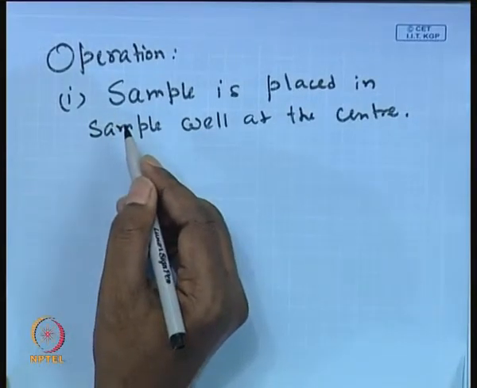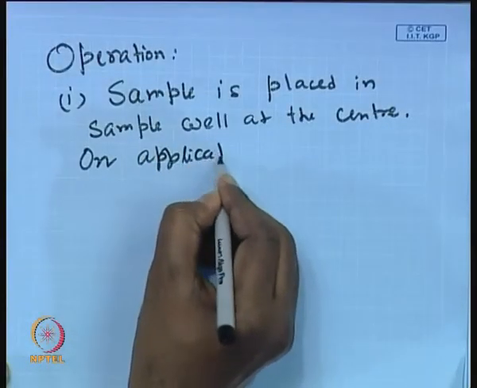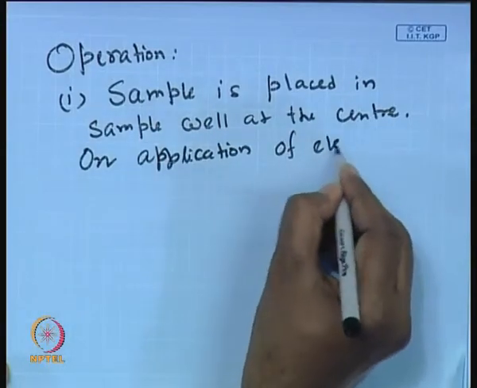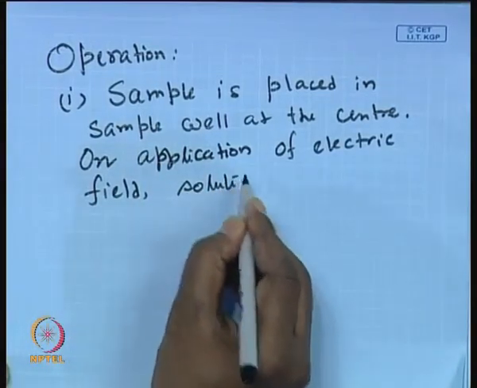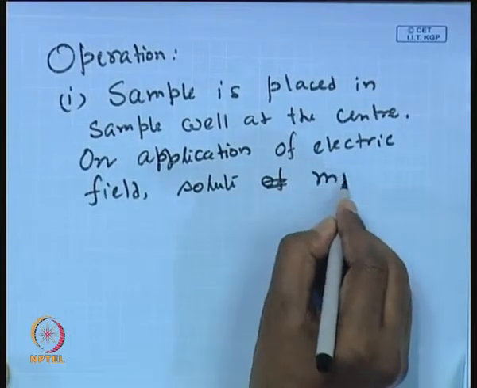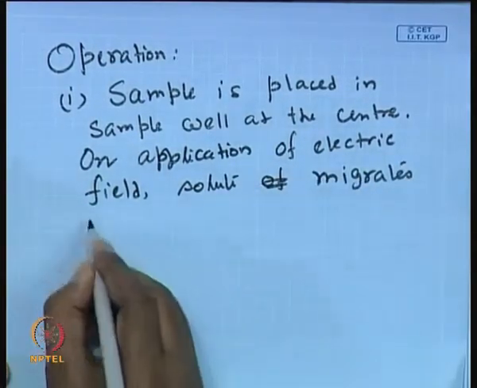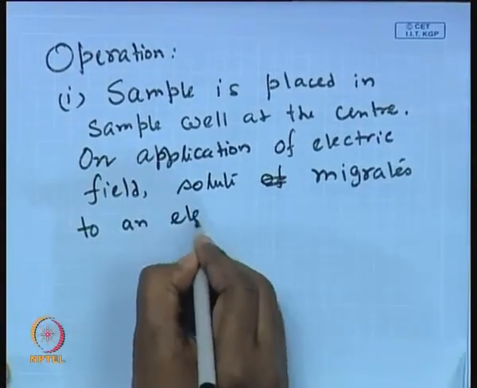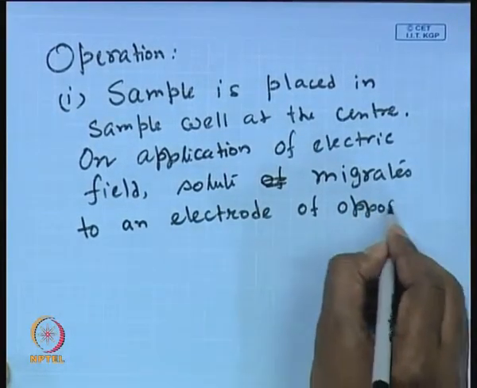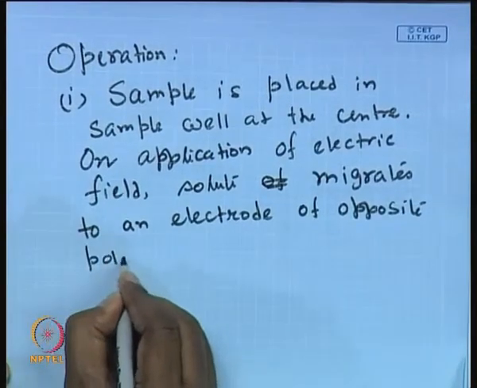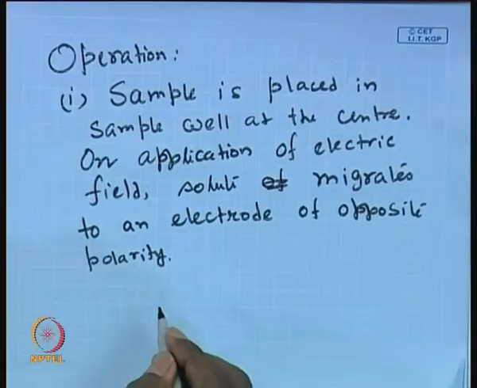When the current is on, that means when the voltage is applied, solute of appropriate polarity will migrate to the electrode of opposite polarity.